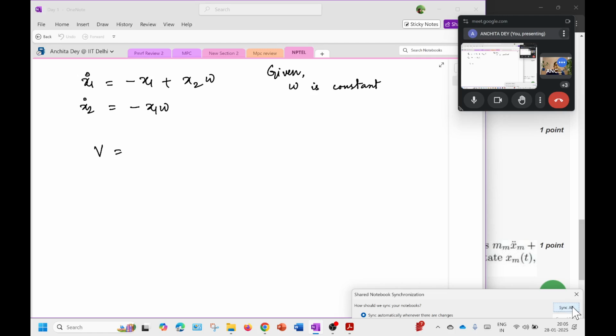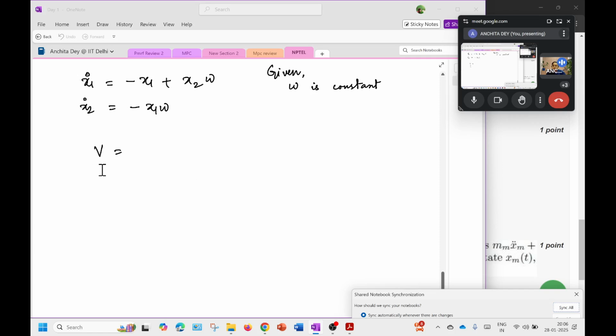So let's just wait. I'll just continue till it appears. So basically, this is the dynamics. I'm taking v to be x1 square by 2 plus x2 square by 2.